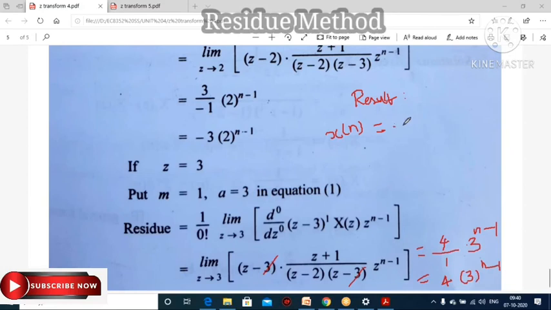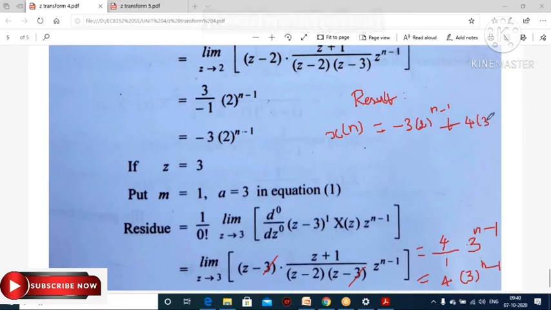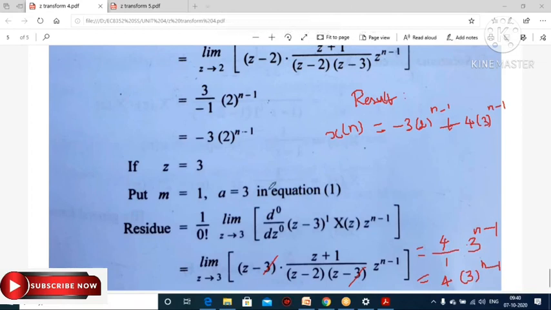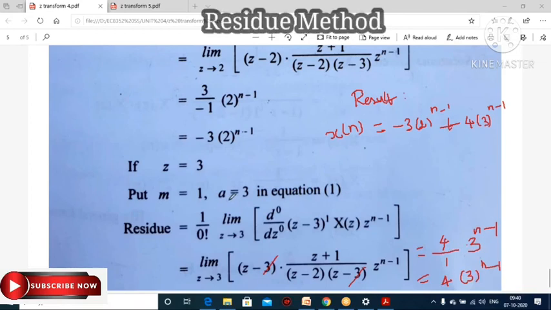The first one is minus 3 into 2 to the power of n minus 1 plus 4 into 3 to the power of n minus 1, into u of n minus 1. Right. So this is your result for the residue of the given X of z.